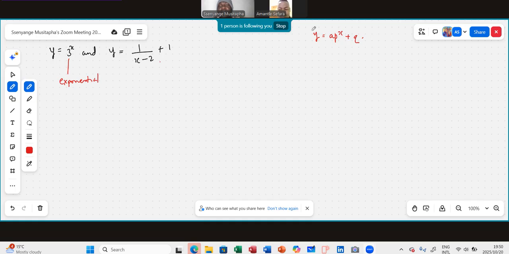But this other one is called a hyperbola graph, which has a vertical asymptote and a horizontal asymptote as well.